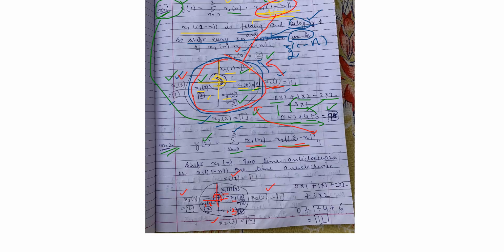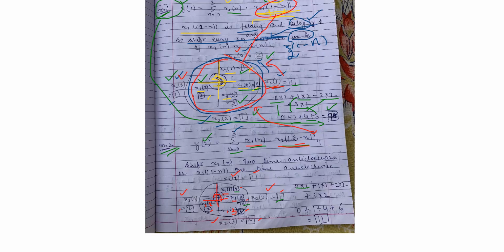The sequence of x2 is: x2 of 0 is 2, 1 is 1, 2 is 1 and 3 is 2, and the x1 sequence is at 0 it is 0, at 1 it is 1, at 2 it is 2 and at 3 it is 3. So now you have to multiply. Here x1 of 0 is 0, 0 multiplied by 1.